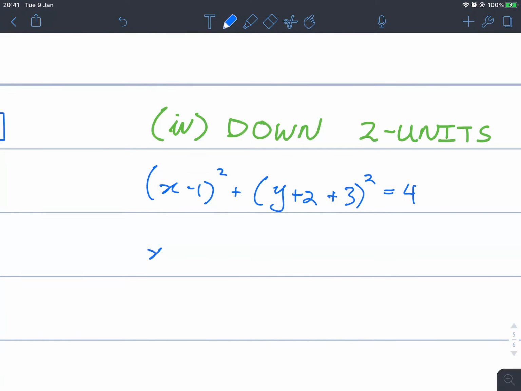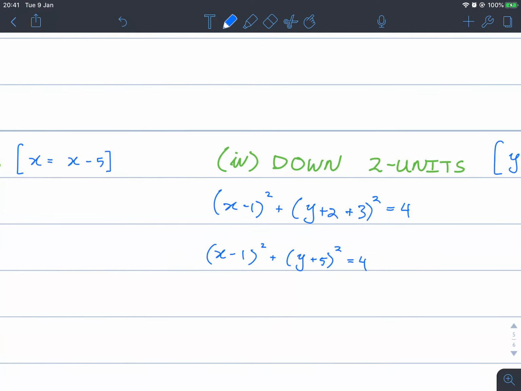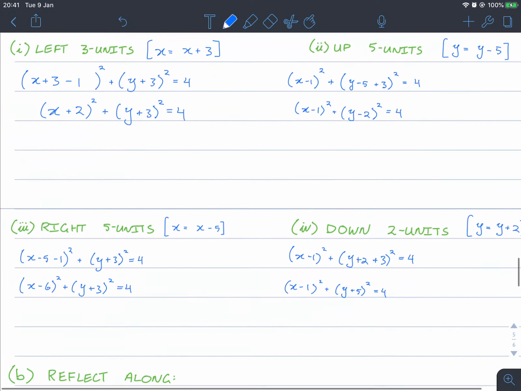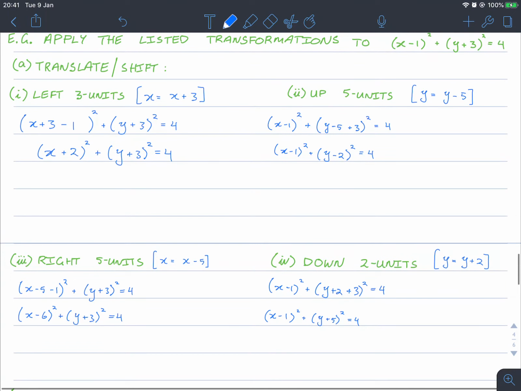Evaluating each bracket gives us y plus 5 squared equals 4. So those are translations or shifts.